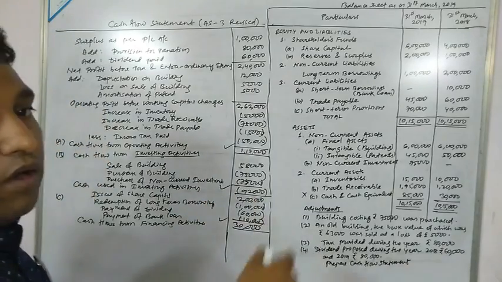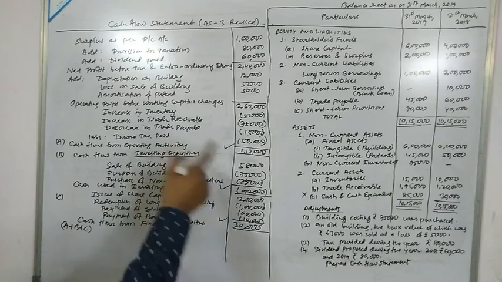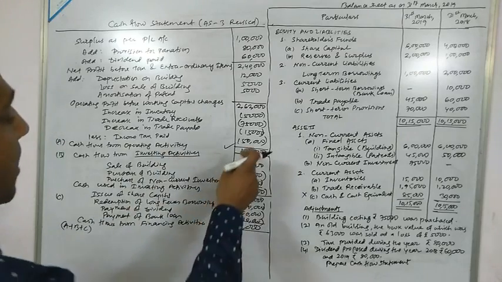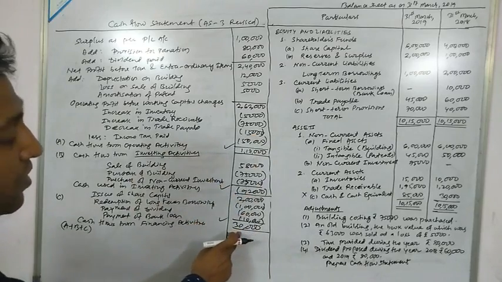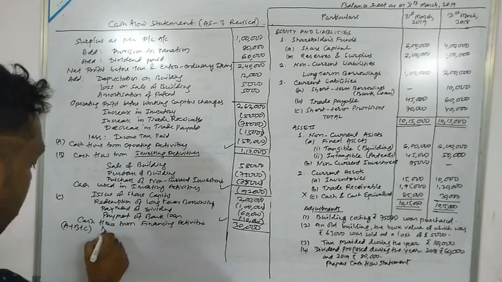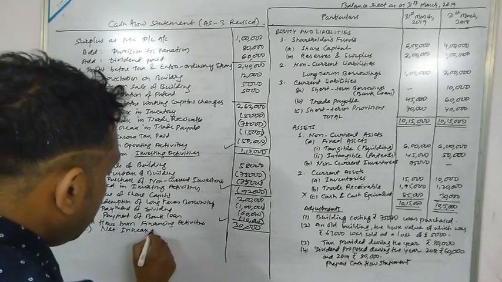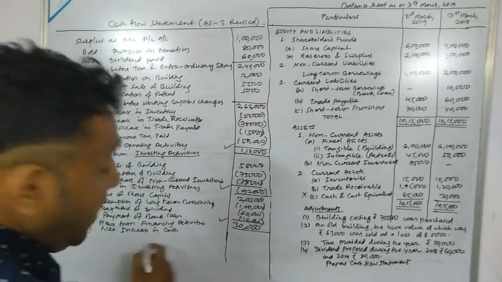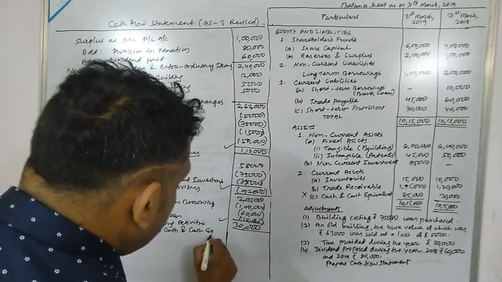Now we have to add all the 3 activity, A plus B plus C. Okay, A plus B plus C. So after adding this, that means what? 1,17,000 minus 92,000, ये नेगेटिव है, प्लस what? प्लस 30,000. जो भी आंसर आएगा पॉजिटिव में आएगा तो हम क्या लिखेंगे? नेट इंक्रीज इन कैश. Net increase in cash and cash equivalent.